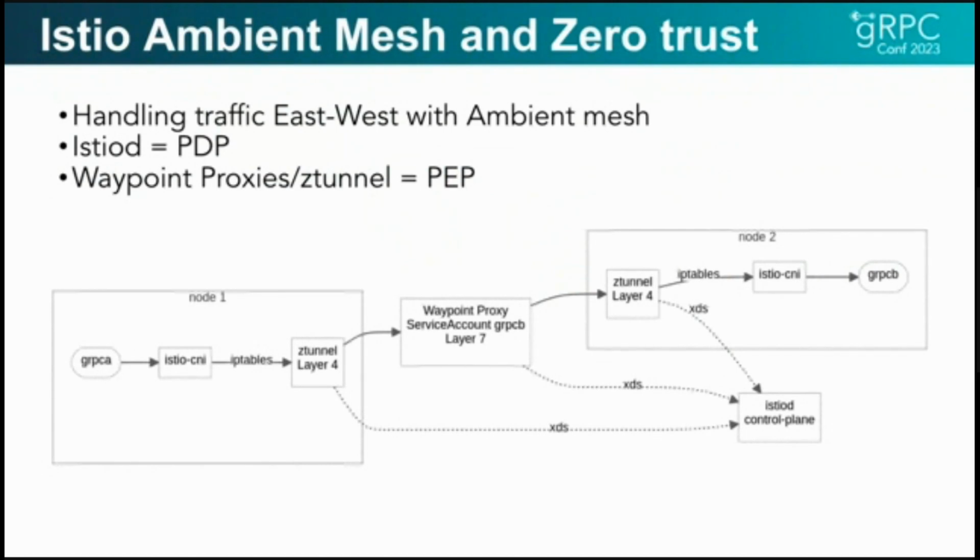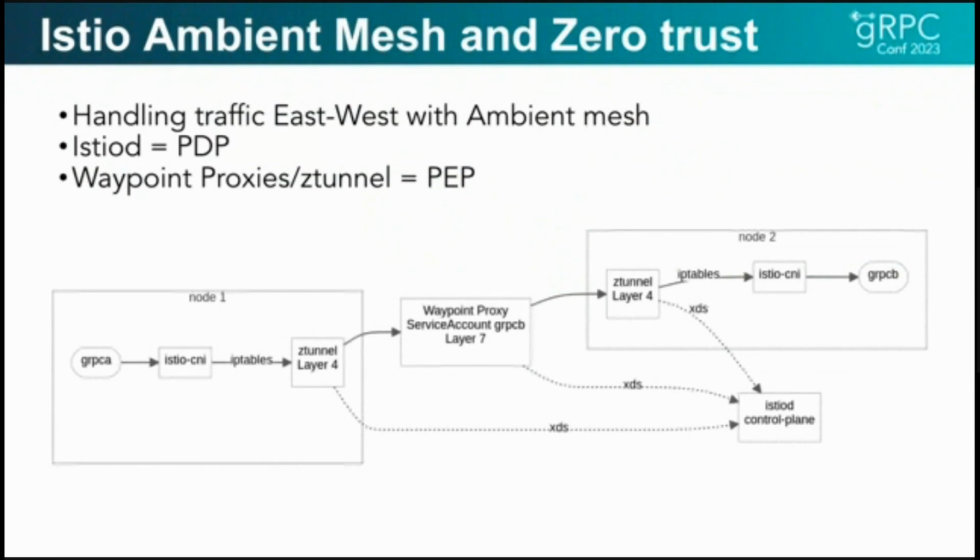Ztunnel is a Rust daemonset that runs on each node, and this gives you layer 4 capabilities. It doesn't give you layer 7 capabilities, but at this point you have HBONE traffic encryption from one side to another. You have mTLS, you have SPIFFE ID, you have basic authorization without any sidecar or any Envoy in the game.